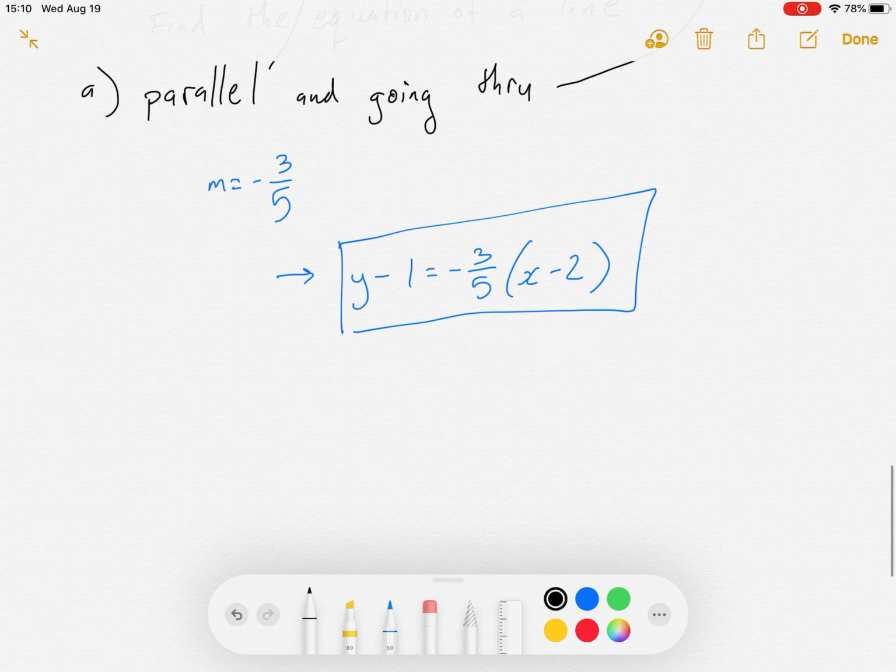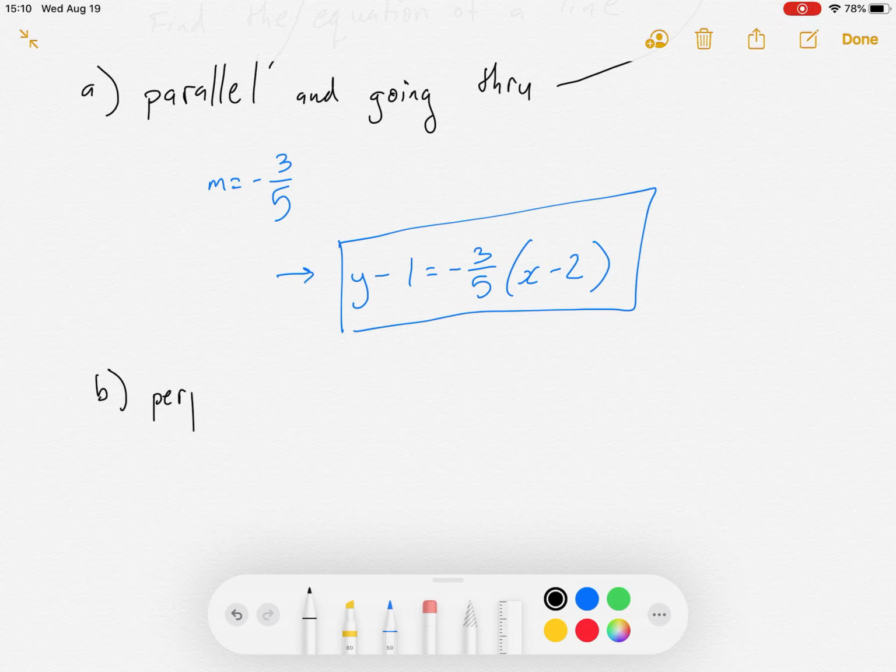Okay, so the first one was parallel. The next one is going to be perpendicular to that line, but going through the same point. Perpendicular and going through point 2, 1.